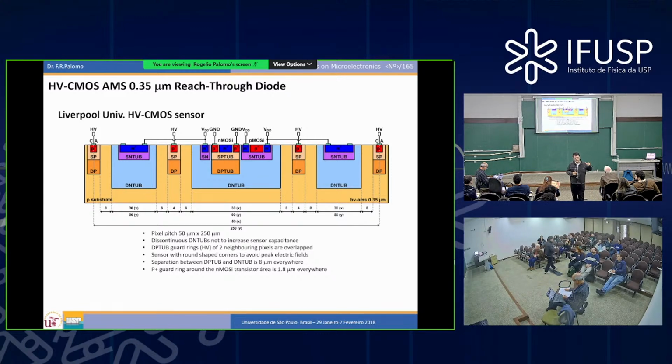And they were asking us, can you reduce the material budget, the amount of mass the particle has to cross? Can you? And the answer was, yes, we can. Why? By doing monolithic detectors. A monolithic detector is one where the detector is inside the electronics, not on top, connected by bump bonding.